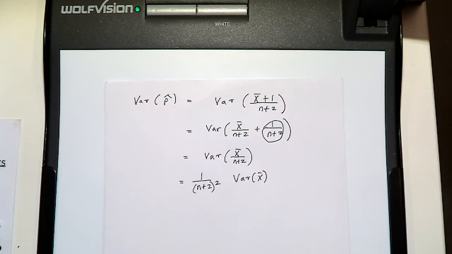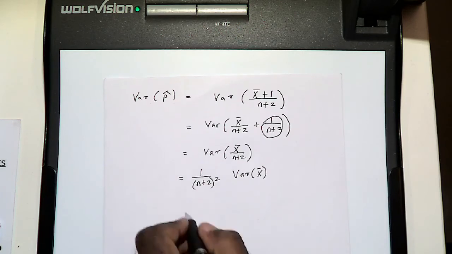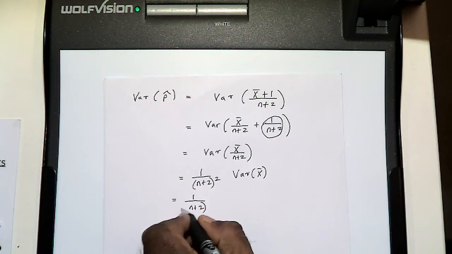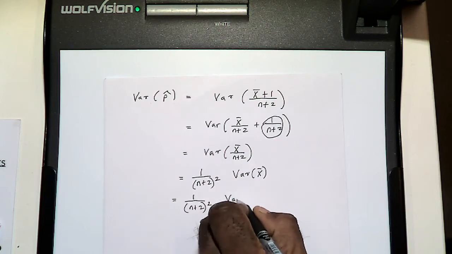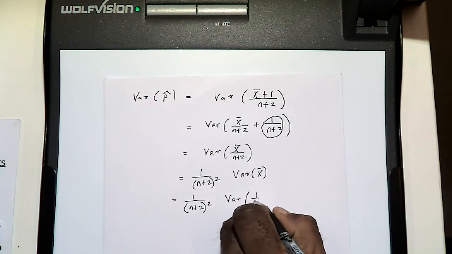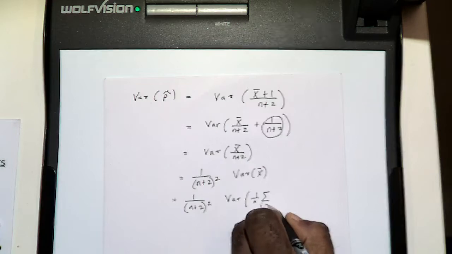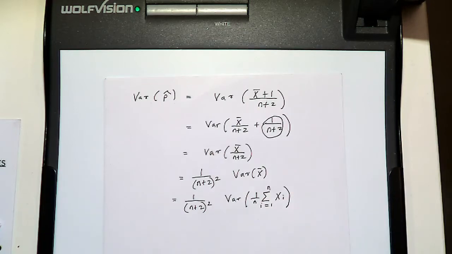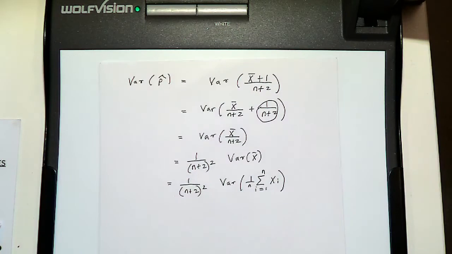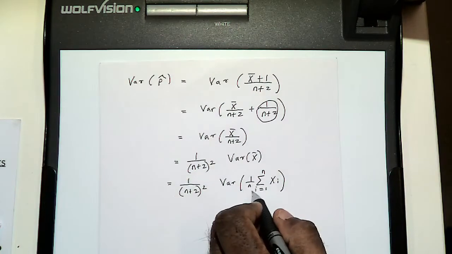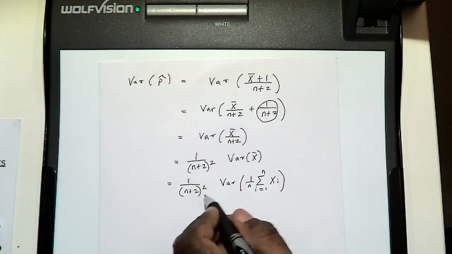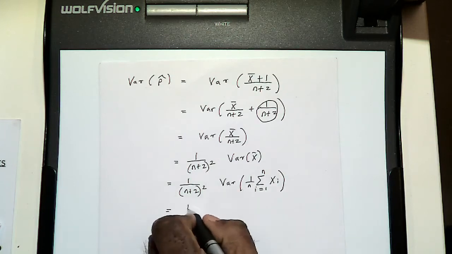Yeah? You with me? So this is 1 over n plus 2 squared times the variance of this. Yeah. Now are you guys okay? All of you following me? Give me a shout. Okay. If you take this n outside, it becomes a square.